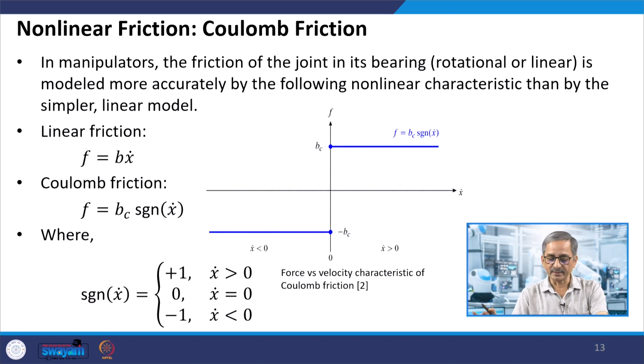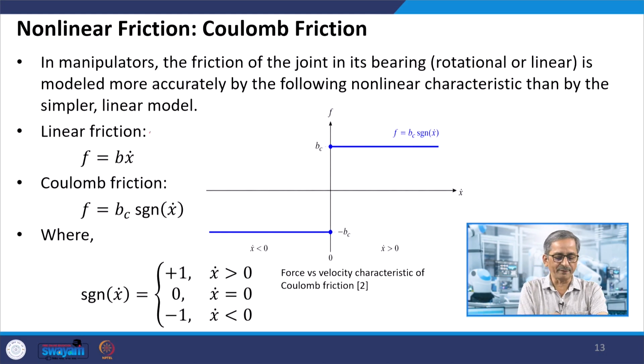Okay. Next, let us see the non-linearity because of the friction. Okay. So, we can take the case of Coulomb friction. So, in a manipulator the friction of the joint in its bearing, okay, whether it is a rotational or linear joint, is modeled more accurately by the following non-linear characteristic than by a simple linear model. Okay.